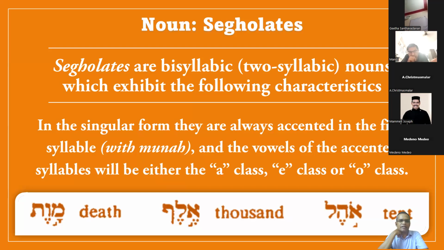The first syllable is accented and carries an E class vowel. Ohel, meaning tent. The first syllable is accented, and it carries an O class vowel. So segolates are bisyllabic nouns with these features: in the singular form, the first syllable will be accented, and the accented syllable will carry either an A or E or O class vowel.